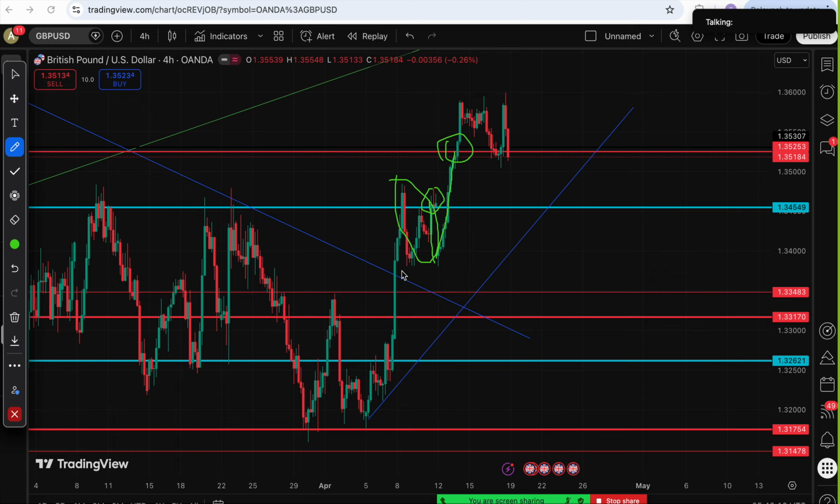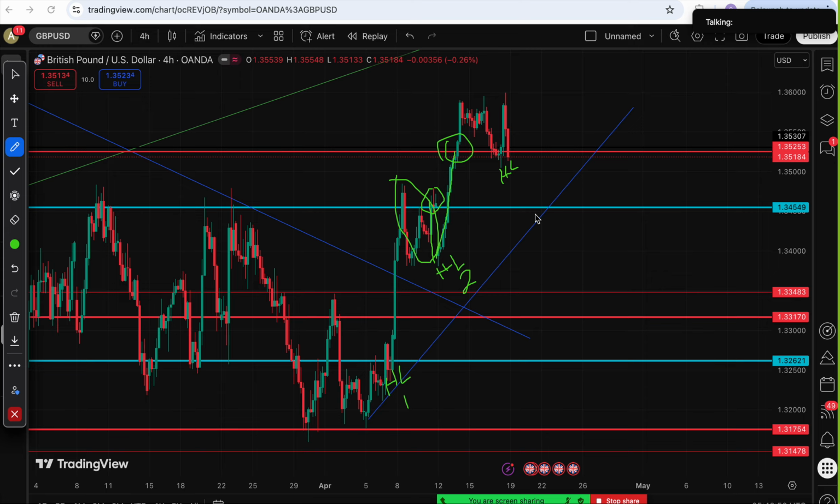So of course we have higher lows and higher highs. We can call this one higher low, which this is one, and we have higher low here, and we have two, and we are having another higher low here.